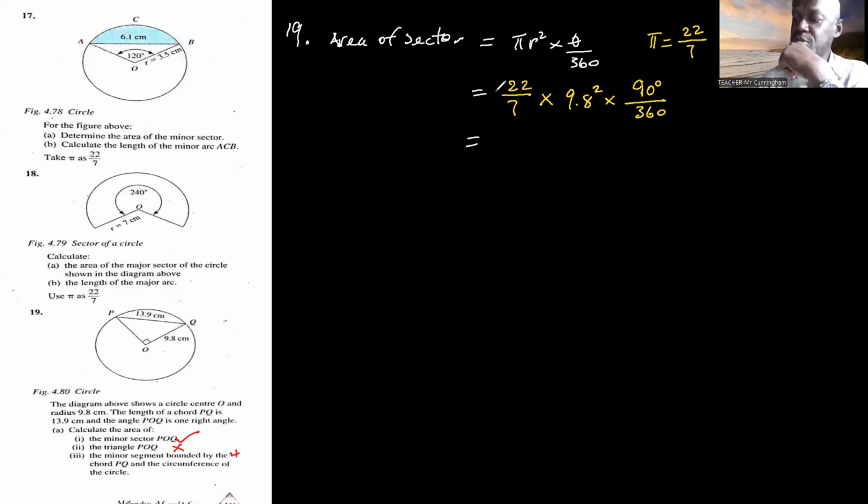Right, so those persons who got it wrong, you could do it over now. Julia, now give me that answer to 3 significant figures.